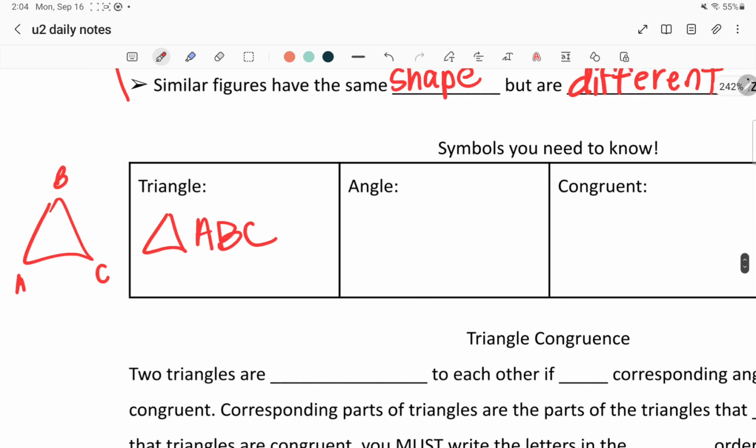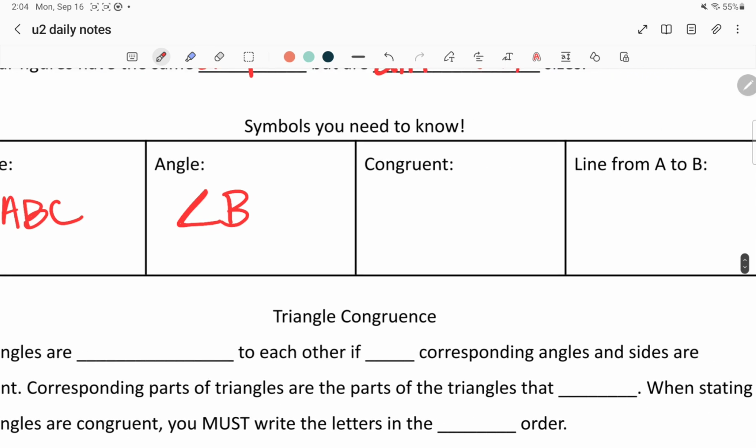If I wanted to talk about a particular angle, there's my symbol. If I want to talk about angle B, I'd put angle B with this symbol. If I want to say that two things are congruent, I've got an equal sign with a squiggly on top. That is the symbol for congruent.